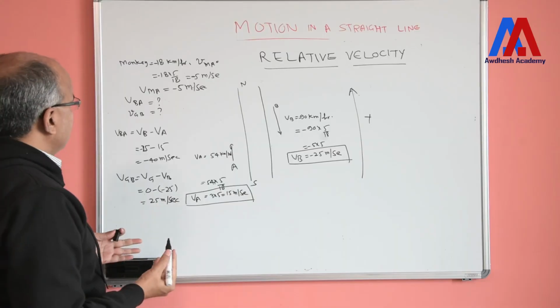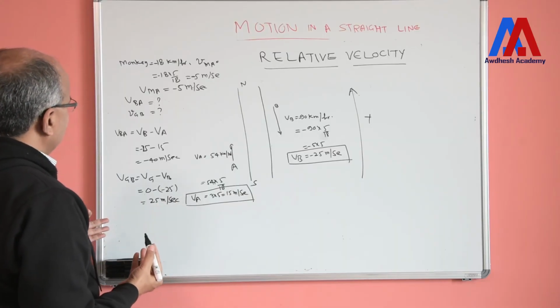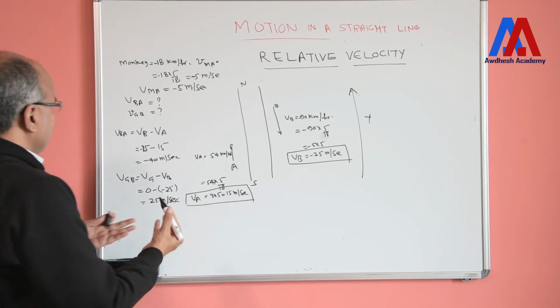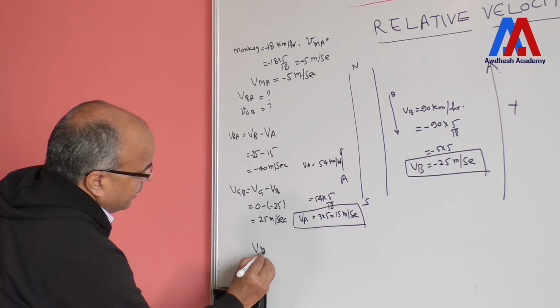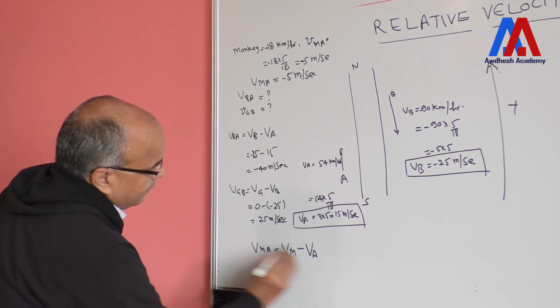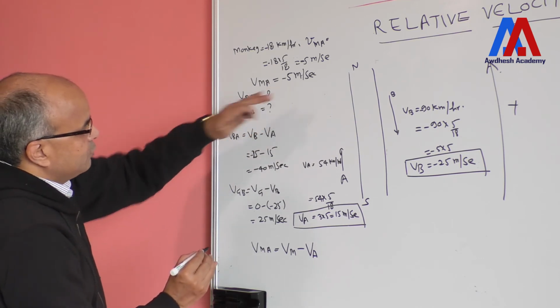The problem now is to calculate the velocity of the monkey with respect to the ground. That means its absolute movement. So we can write that VMA is equal to VM minus VA. Now we have to just substitute the values.